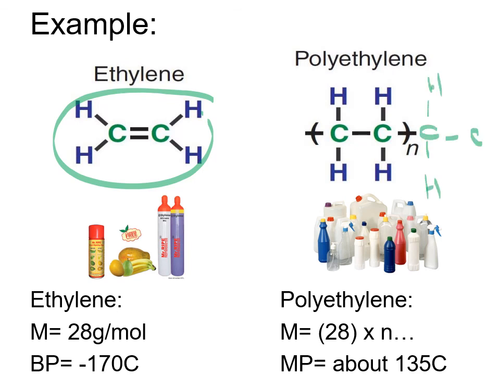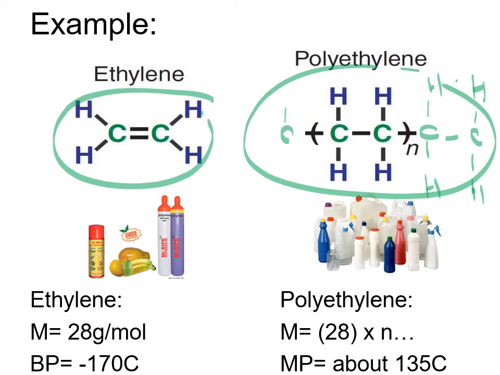That's hence the poly part. And it is going to be a bigger molecule because it's got more of these carbon hydrogen units attached to it, making it a bigger chain. If you looked at the molar mass of them, whatever ethylene is, you take that and you're going to multiply it by however many carbons are in the polyethylene, or whatever poly denotes, it's some large number.